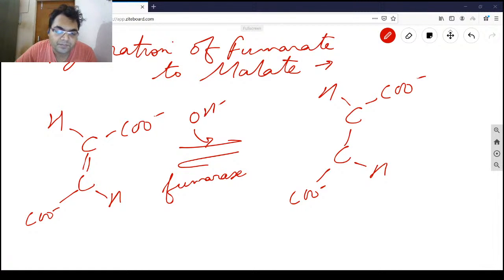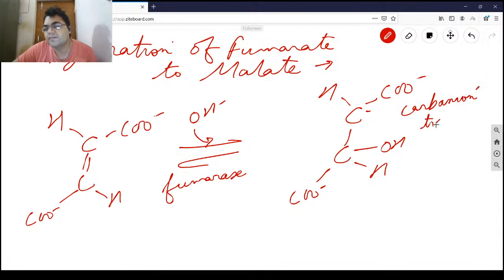So here will be negative charge, here will be OH group attached. This specific state is known as a carbanion transition state. You might have read these kinds of states in organic chemistry.